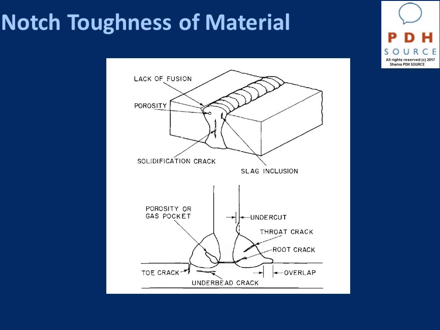The types of flaws that can occur in steel welded details are basically lack of fusion, porosity, inclusion, undercut or toe crack.